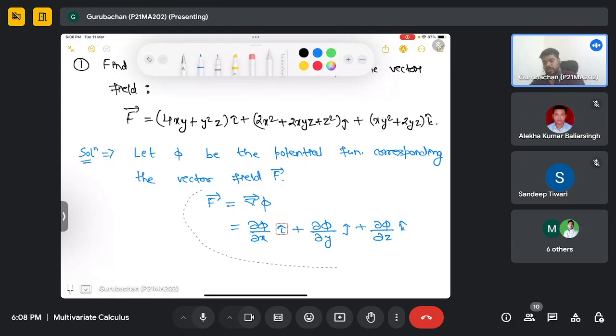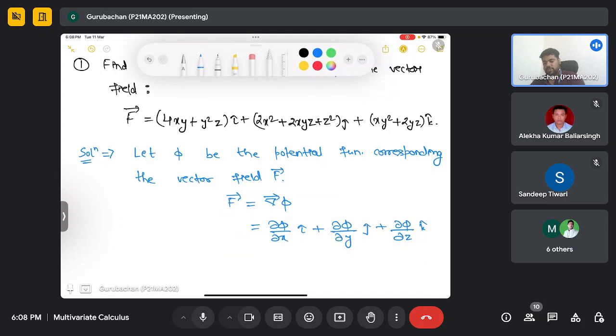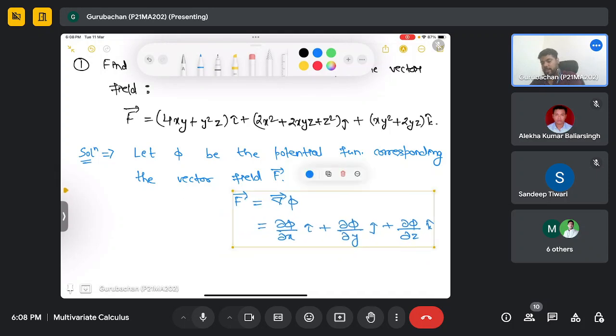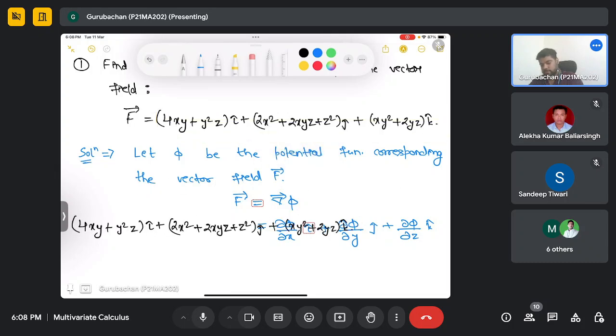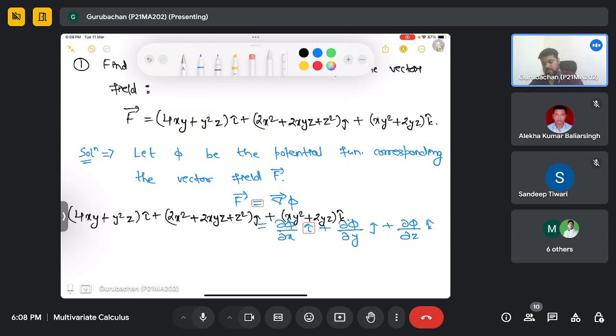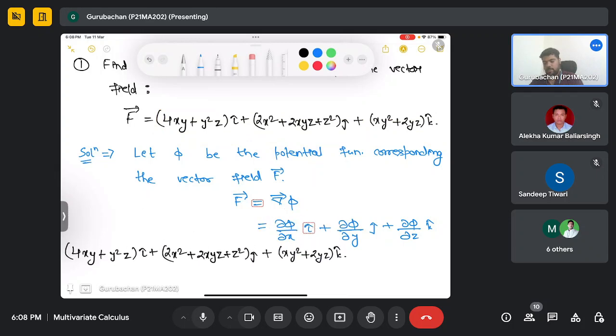So this is our F by the definition of gradient, and we know the given value of F. How can we relate it?